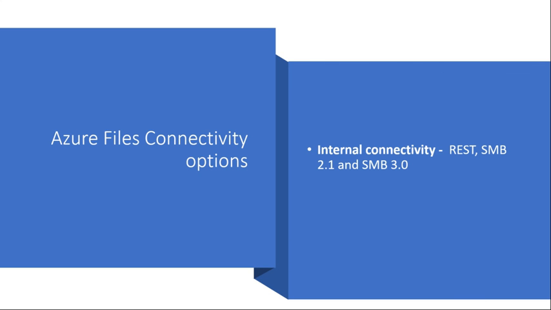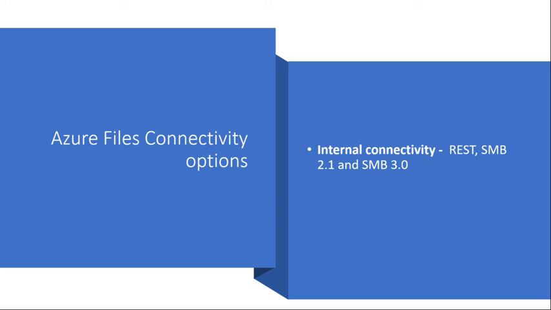So the first one is internal connectivity. This implies that the clients accessing the file shares are within the Azure cloud itself. Here we have the ability to use REST, SMB 2.1 and SMB 3.0 protocol.